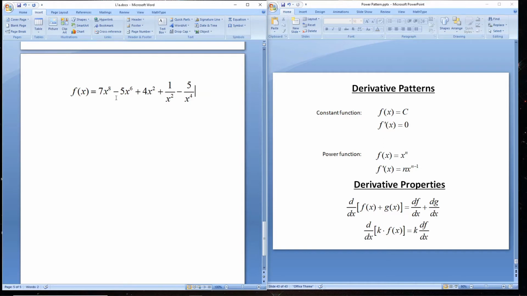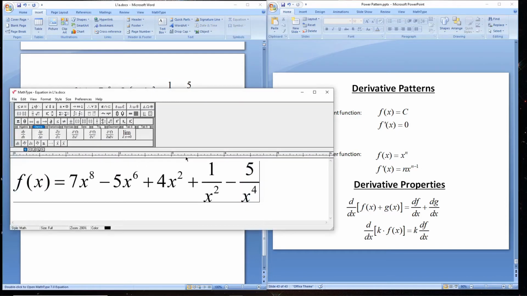And all of these functions, there are 1, 2, 3, 4, 5 individual functions here, and they are all power functions. So a good first step here is to write everything as a power function, which means using properties of exponents, because 1 over x to the 2 is the same as x to the minus 2.